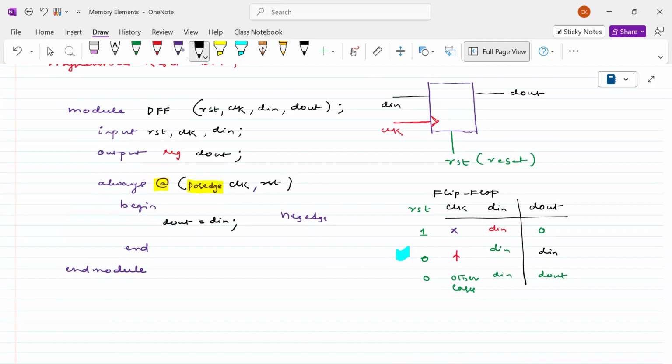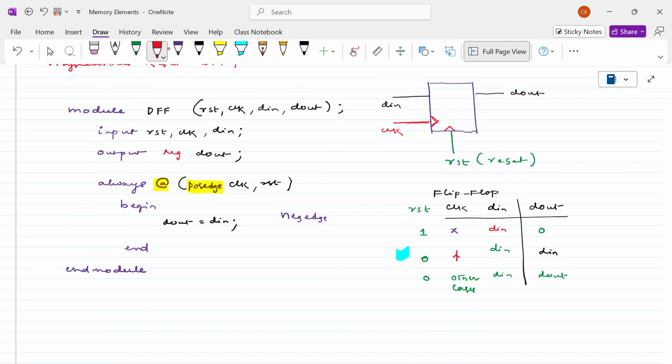Either it should be level sensitive for both signals, or edge sensitive for both signals. We should not write one as an edge and the next one as a level. You should not write it. Verilog does not give this kind of provision, right? We have to write the reset also as edge related. That's the reason why I'm going to talk about this as an edge too.